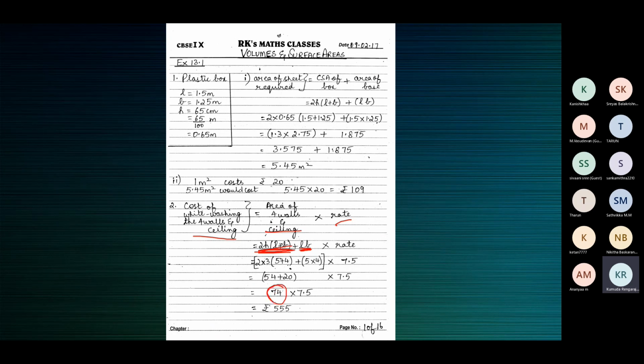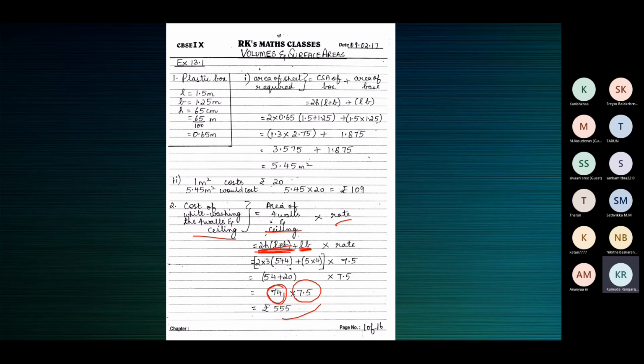This area has to be painted. 1 meter square is 7.5 rupees. So 74 meters square will be 74 into 7.5, which is 555 rupees.